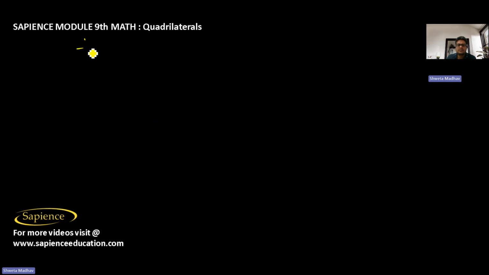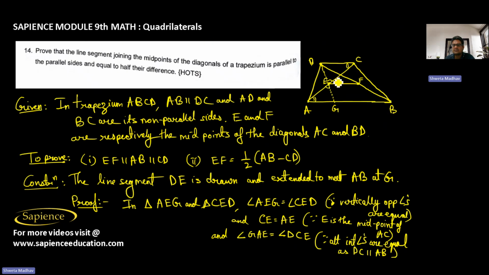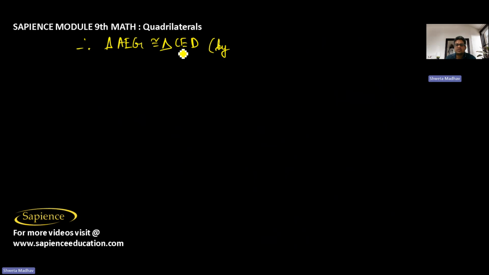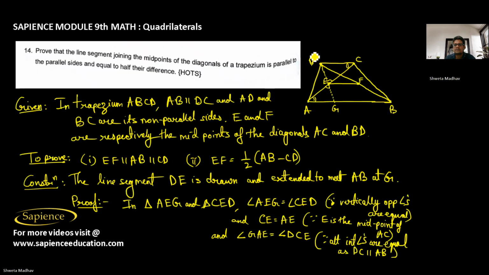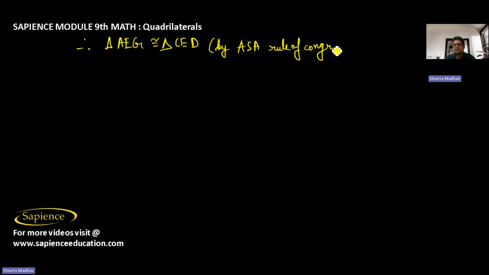So therefore we can say that triangle AEG is congruent to triangle CED, as two angles and the included side are equal. Therefore, by the ASA rule of congruency, the two triangles are congruent.